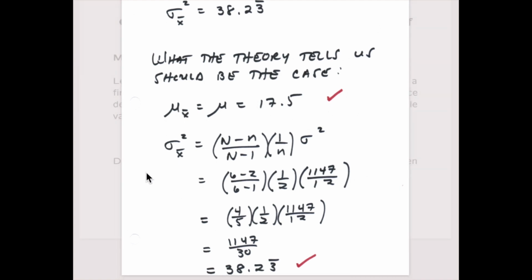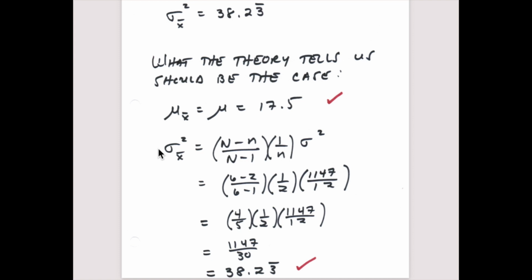In addition, the theory tells us that the variance of the sampling distribution of x bar is given by this expression, which involves the population size, the sample size, and the underlying population variance, which was 1147 over 12. The population size is 6, the sample size is 2. When we do that calculation, we get 1147 over 30, or 38.2333, and so forth.